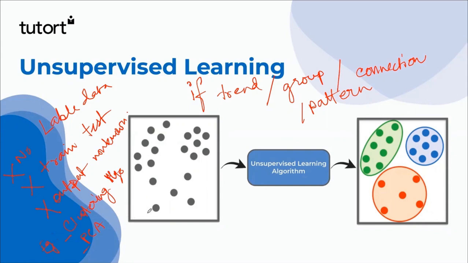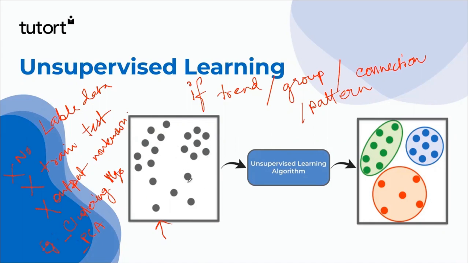Okay, so what do we do under clustering? Suppose these are our data points. Let's consider these data points as the clients of some e-commerce industry. We are trying to figure out if there is any pattern, any group we can form out of whatever client data set we have.